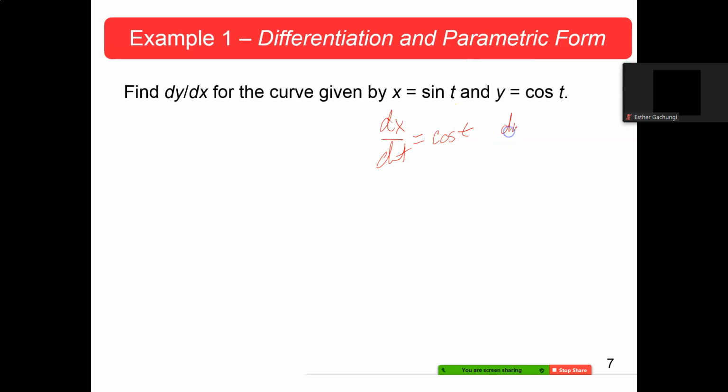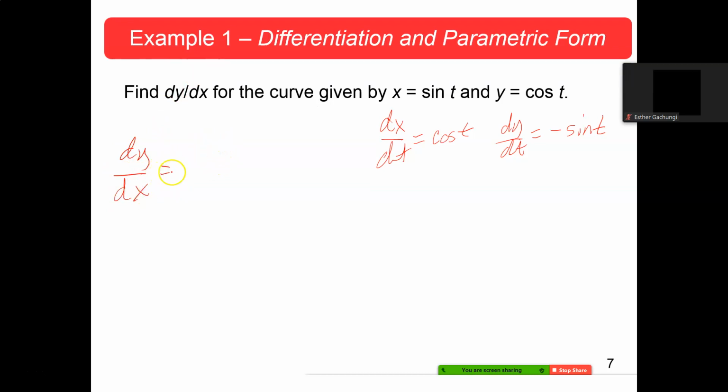What is dy dt? You did it earlier, somebody. Minus sine of t. Okay? Derivative of sine is cosine. Derivative of cosine is minus sine. Okay? Now, what is dy dx, the slope at any point x?